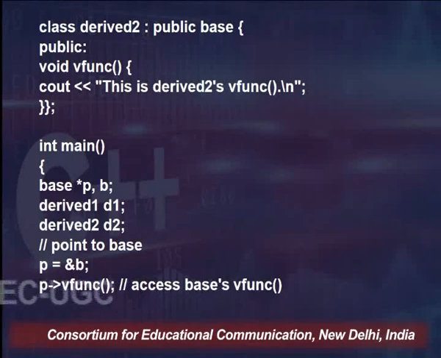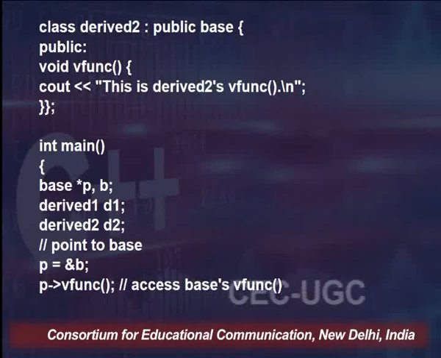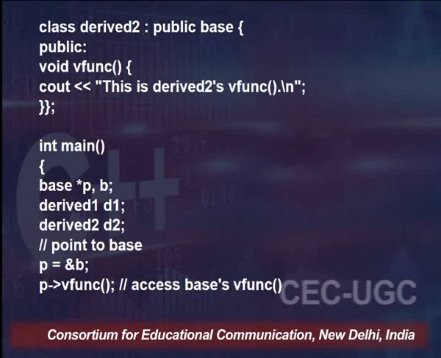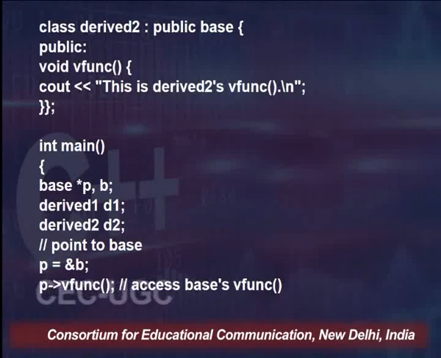Please recall that whenever we are using pointers to classes, in order to call the members we use the arrow operator, and for normal objects you can use dot. If we want to call vfunc using the object of the base class, we can simply write b dot vfunc.